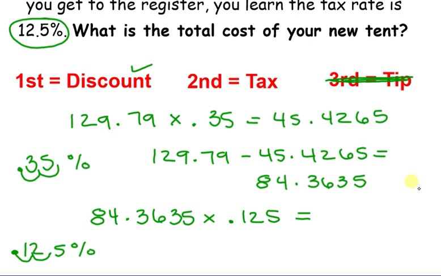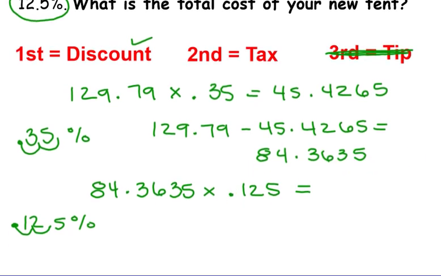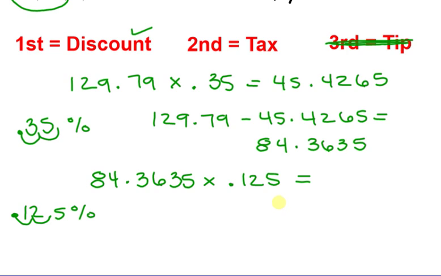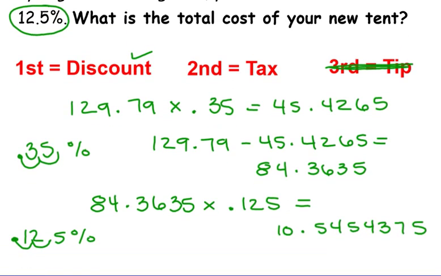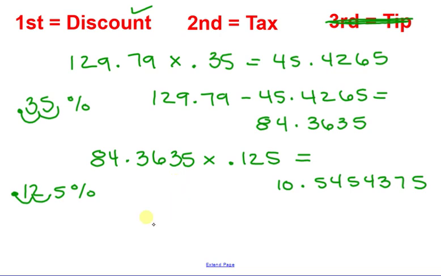You're going to get a huge number here. So it's going to equal 10.5454375. Holy moly. Okay, now because that is a tax, we add it on to the price.